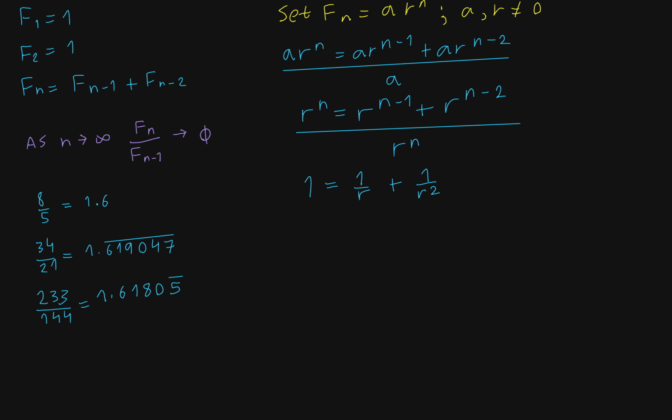And then let's multiply both sides by r squared. This way we got rid of the n's, and now we're just going to rewrite it so that there are no fractions. So then what we're going to have is r squared is equal to r plus 1.